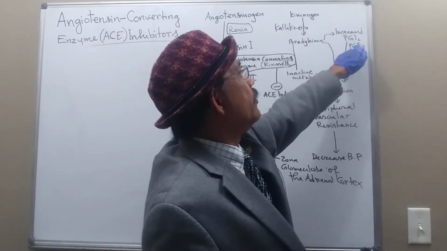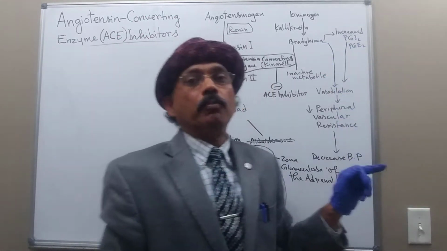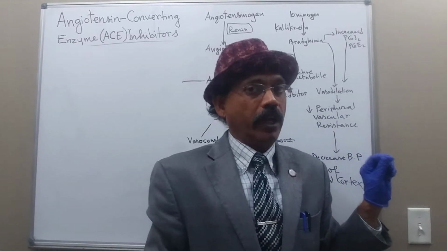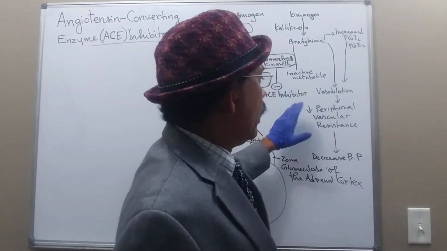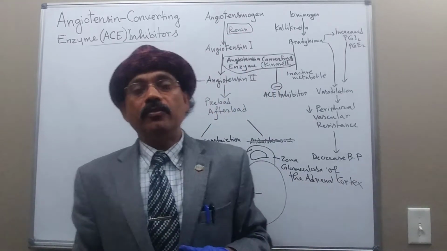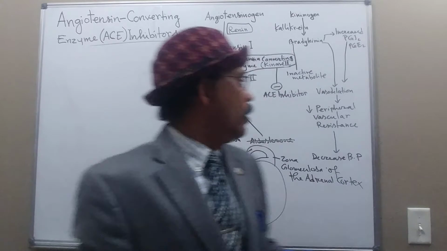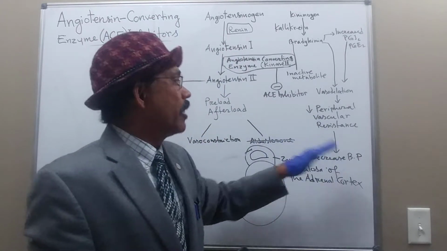It also increases prostaglandin I2 and prostaglandin E2. Plus, it also partly releases nitric oxide or NO. So this way it causes vasodilation and decreases peripheral resistance. Decreased peripheral resistance means a decrease in the afterload. So decrease in the afterload, so decrease in blood pressure.